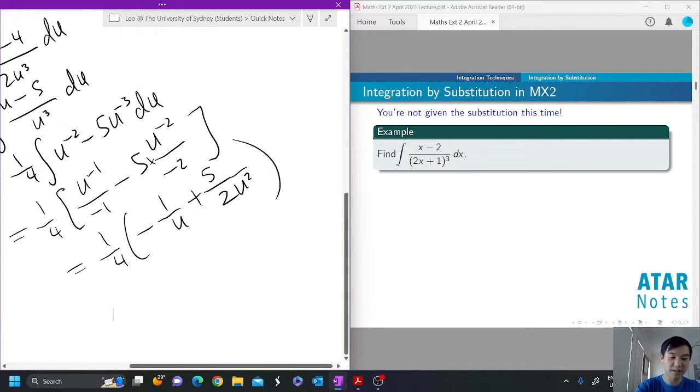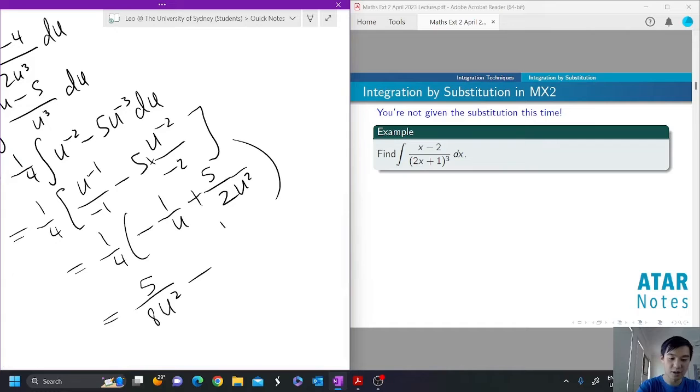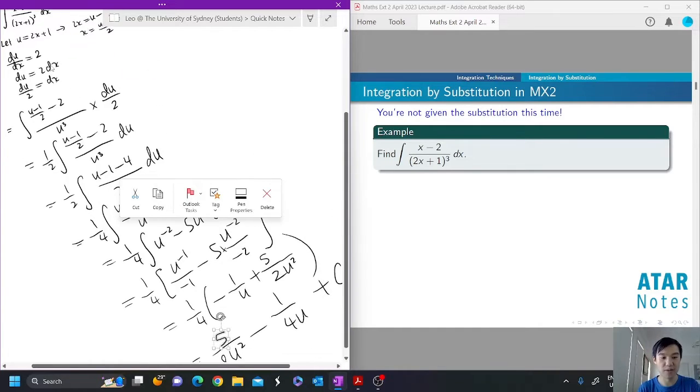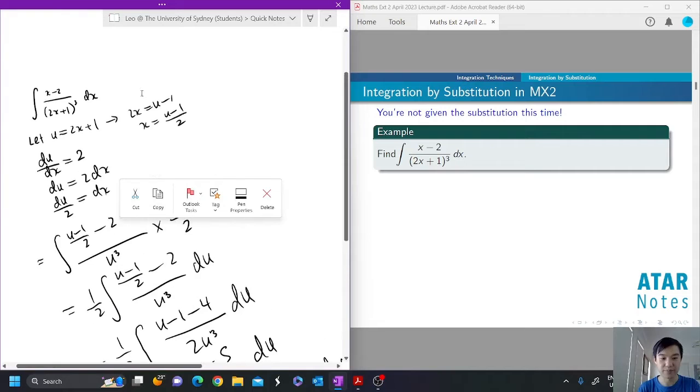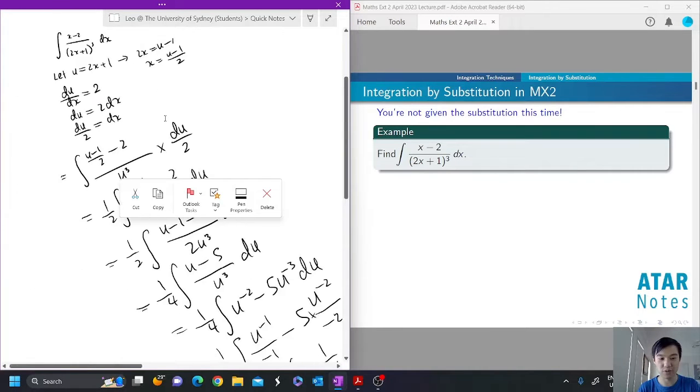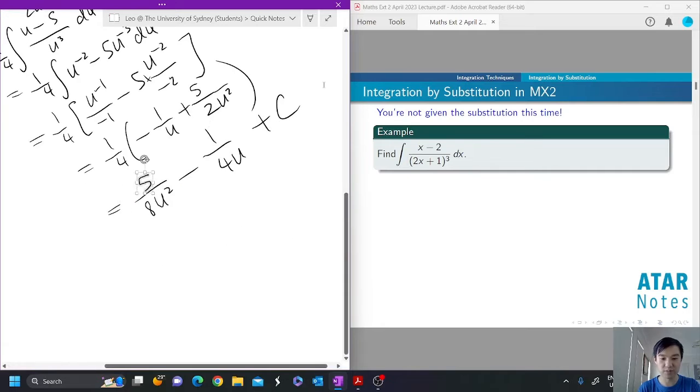So when we expand, we get this: 5 over 8u squared minus 1 over 4u, and don't forget your plus c because it is an indefinite integral. Also, you can't just leave it in terms of u; you want to convert back to your original variable, which was x, so all the u's become 2x plus 1.